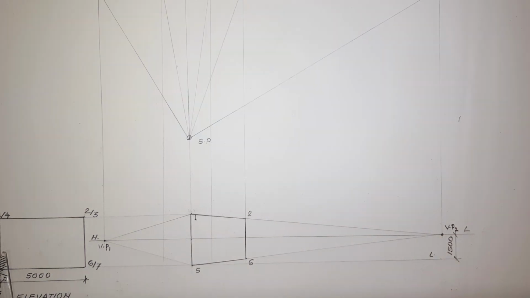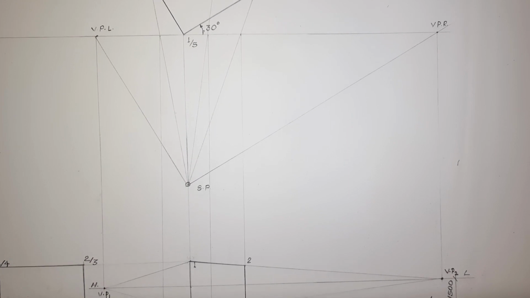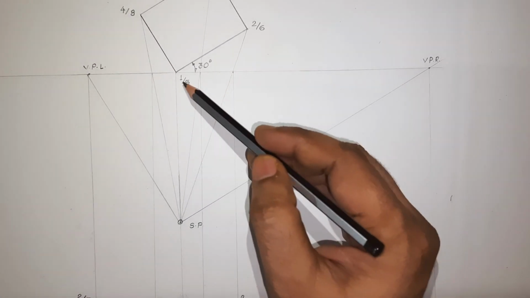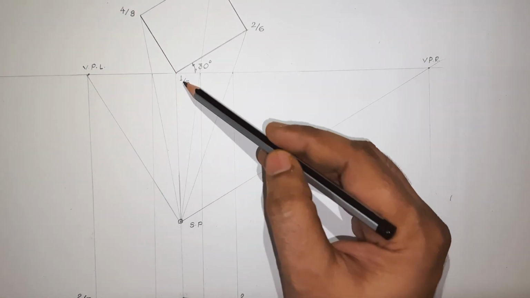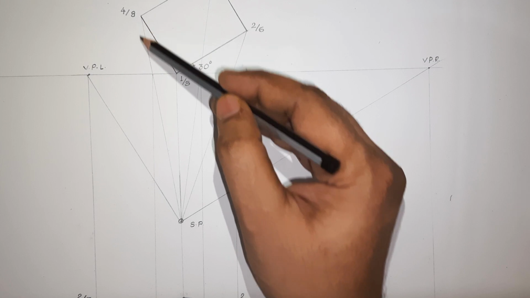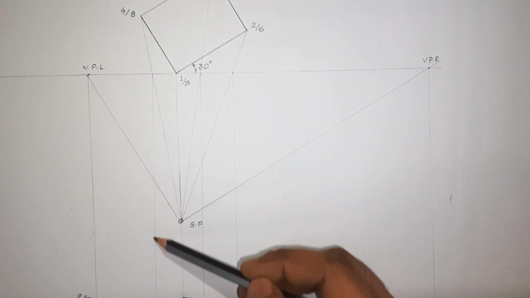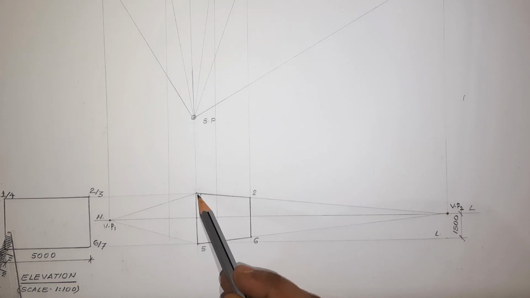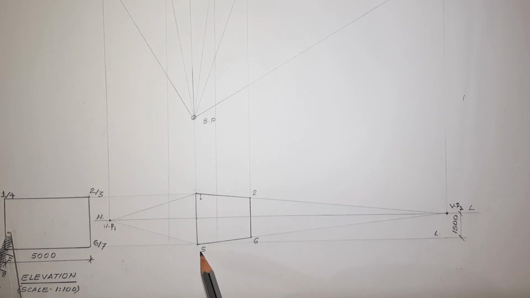Next thing is to show another face which is vanishing in the other direction, that is face 1, 4, 8, 5. This is the point of intersection for this corner. That point has been taken down to the horizon line and it has intersected the vanishing lines which are joining 1 to VP1 and point number 5 to VP1.